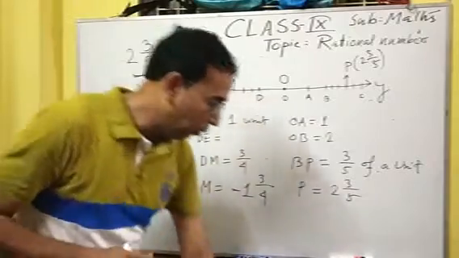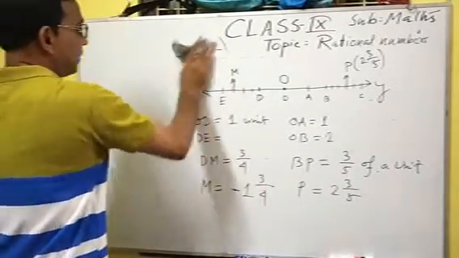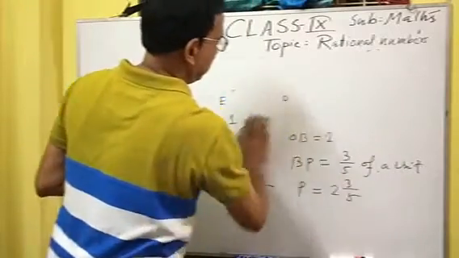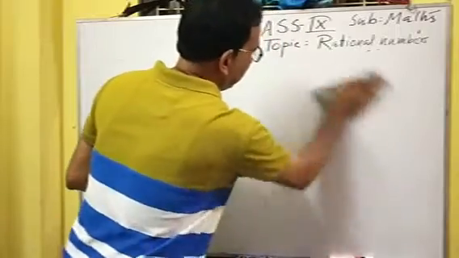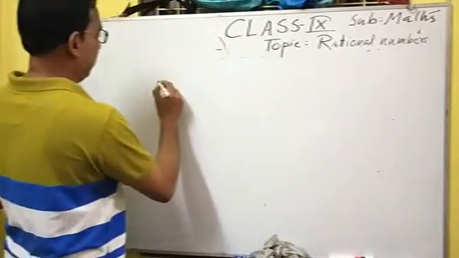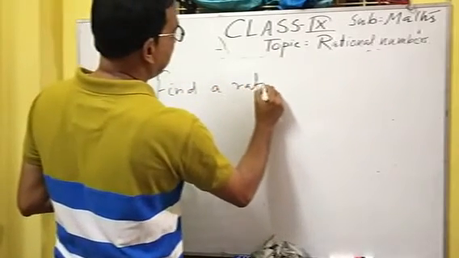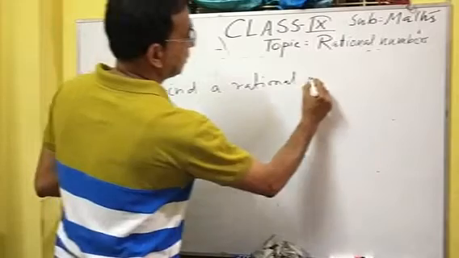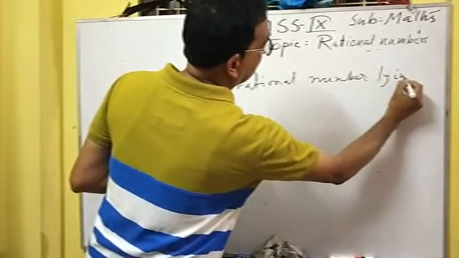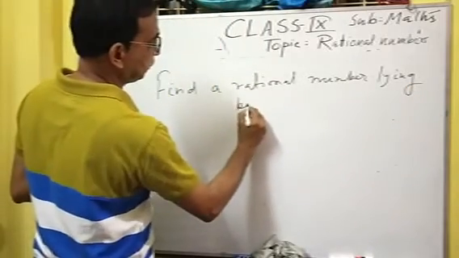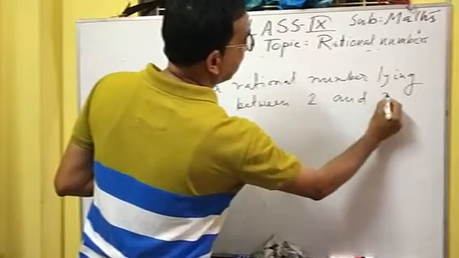Now I shall solve some problems related to the given topics. For example, find a rational number lying between 2 and 3.